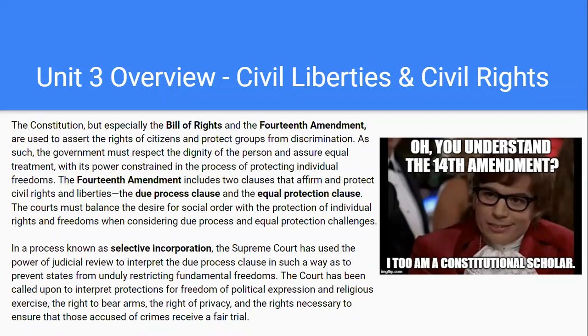And in that case, it was a state law prohibiting women from obtaining the right to an abortion. The right to privacy extends to a woman's right to obtain an abortion.